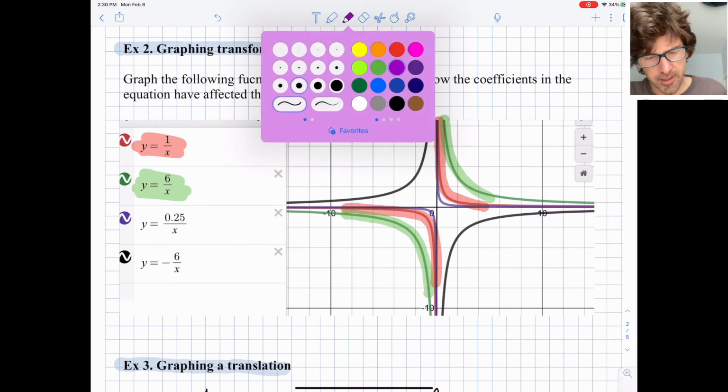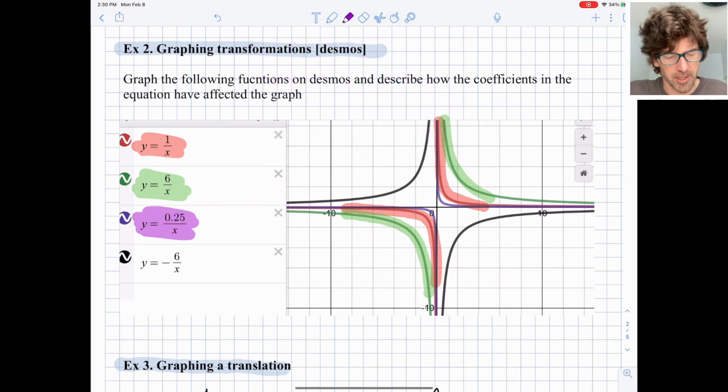Similarly in purple here, if we're multiplying our 1 over x parent function by a value less than 1, in this case 0.25, we'll have a vertical compression, and we'll get a function that is just compressed closer and closer to the origin, closer and closer to the axes. And then the big thing to see here is this negative sign for this last one, y equals -6 over x.